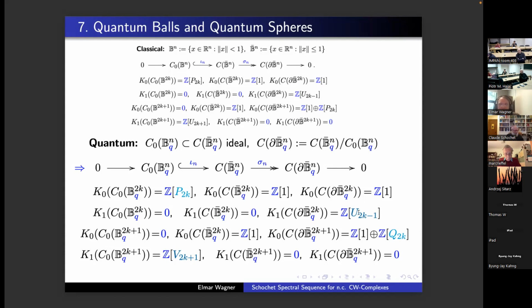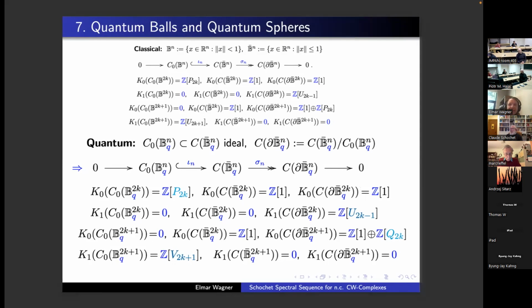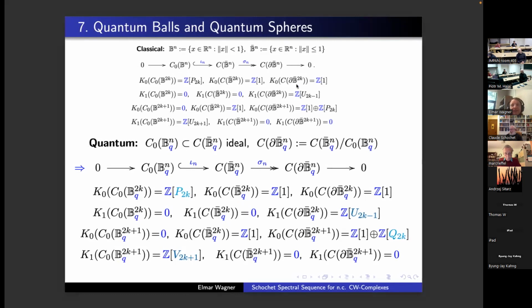It's Z, but our generator doesn't have to have any relation with the K1 of the inside of an odd ball. So if you look at just the blue ball thing, it repeats the classical situation. If you look at the quantum situation, it should be the same. So that's my first requirement, to call something a ball, the sphere, and the inside.